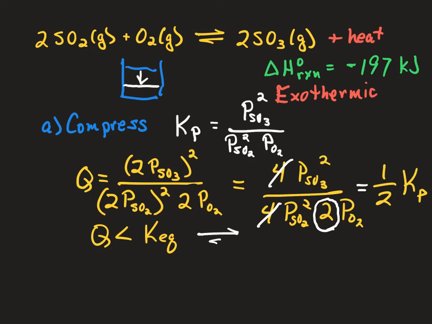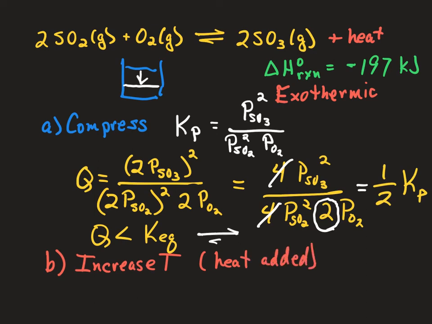In our last case, again, we have an exothermic reaction. So B, what happens if we increase the temperature of our reaction? Well, increasing the temperature means heat is added. Since we said this reaction is exothermic, heat appears on this side.